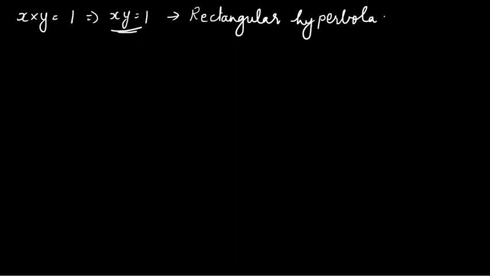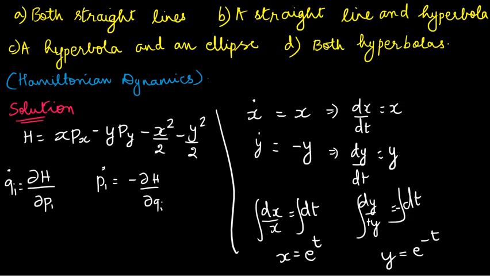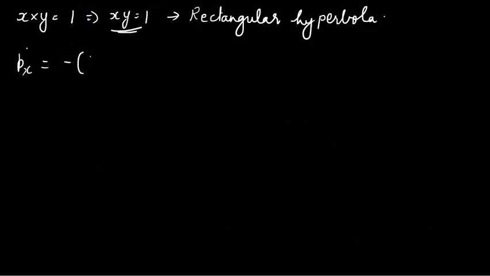So now we have to find what is px dot, which is minus dou H by dou x. So when I do that, I get minus of px minus x. So when I solve this, I can write this as dpx by dt is equal to minus x minus px.